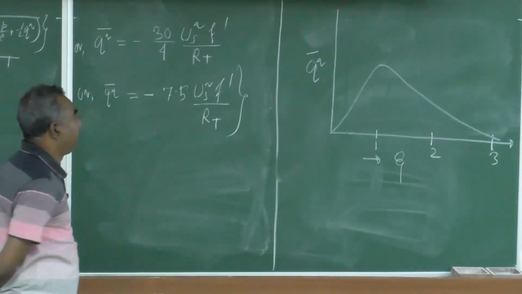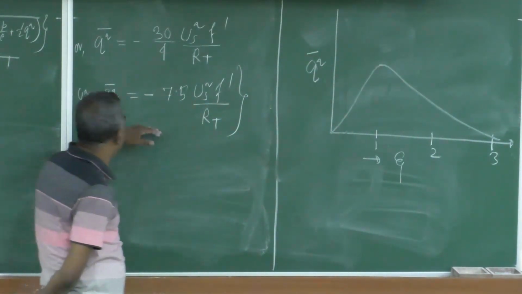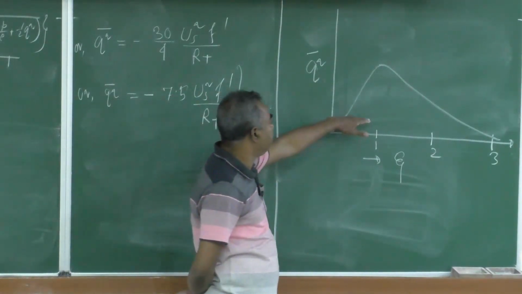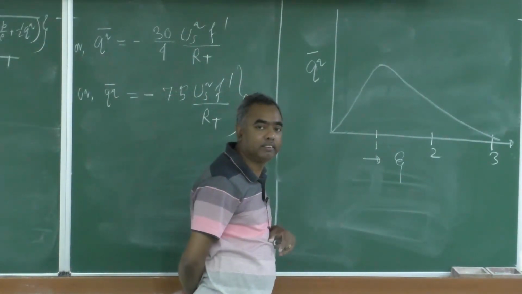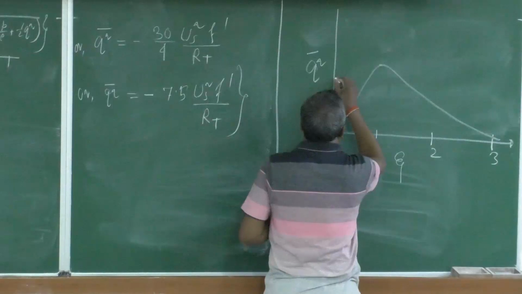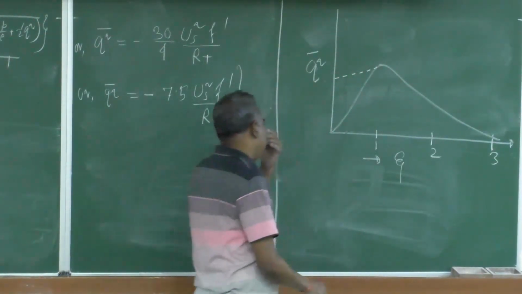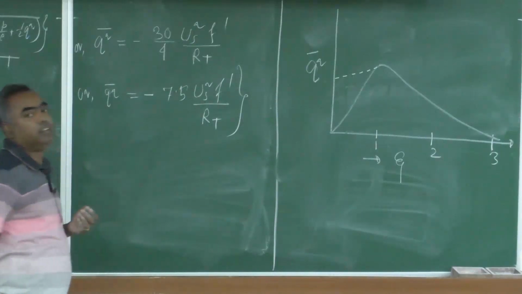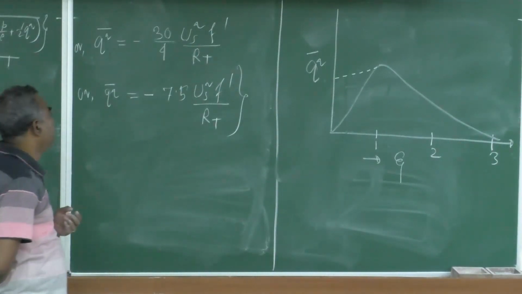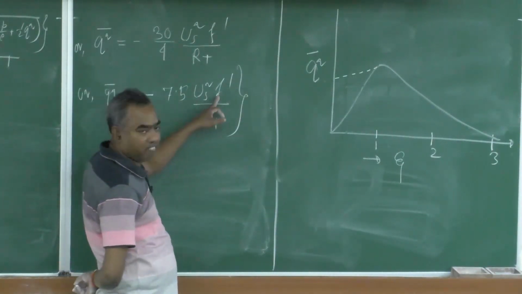But although this equation is showing that variation should be something like this, experimental observation shows the variation should have been something like this. So what is the problem? The problem is due to the symmetry of the function f.